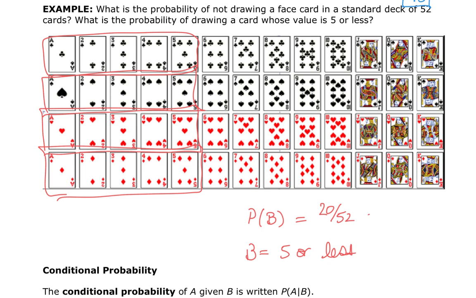And of course, if I can reduce, I will. So I have 10 out of 26, which I guess I could continue to reduce. That's 5 out of 13. And I actually could have done this a lot faster, because I know that each suit has 5, and then there's 13 in each suit. So 5 out of 13 is what it reduces to.